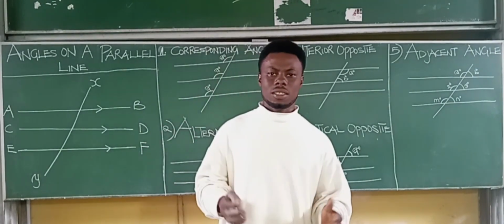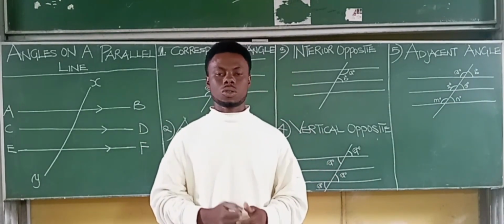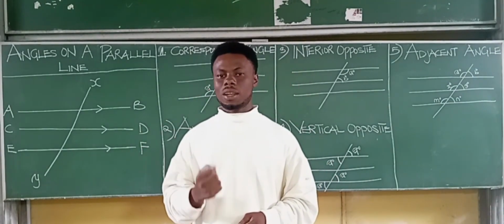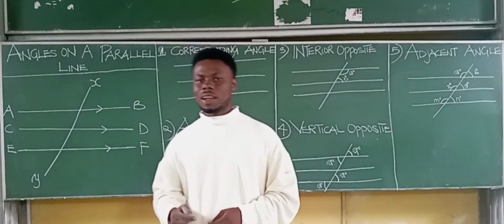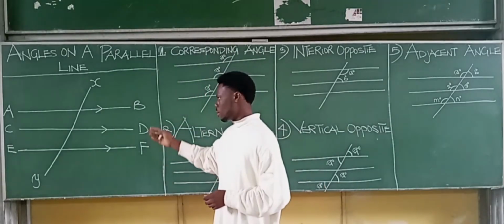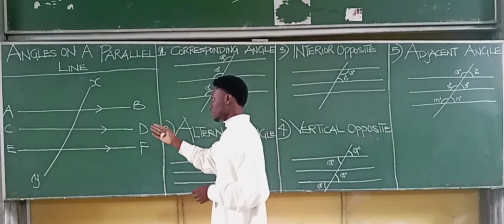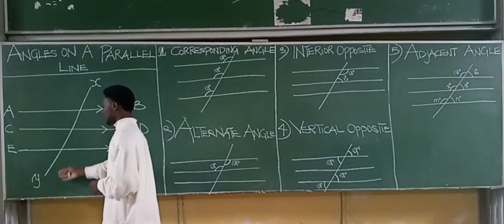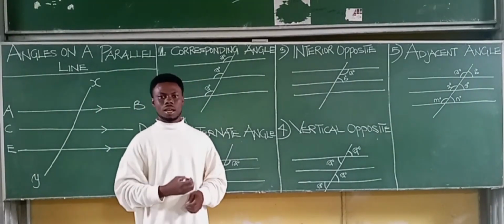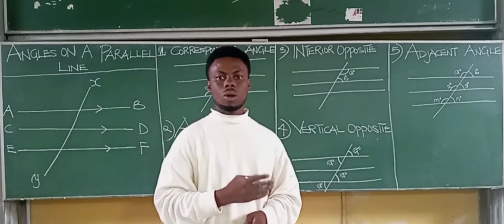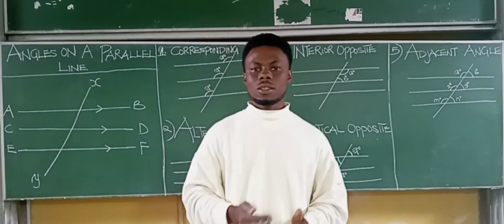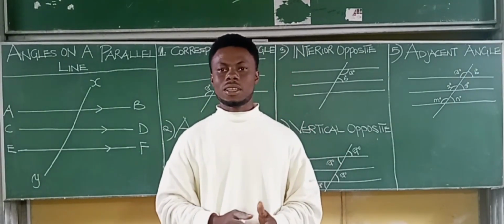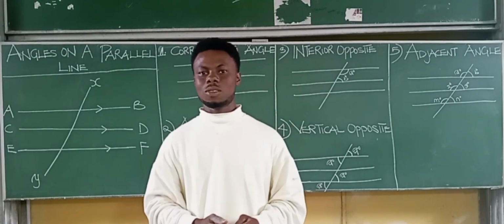In other instances, a line can be drawn across these parallel lines. Let's call the line XY on this diagram. When a line is drawn across, or cuts across, the parallel lines, such a line is known as a transversal line. Take note of this.